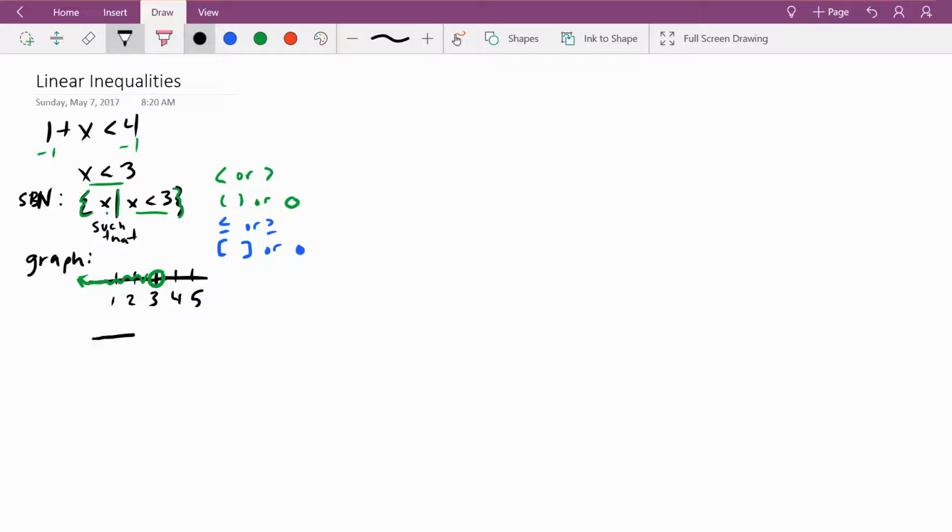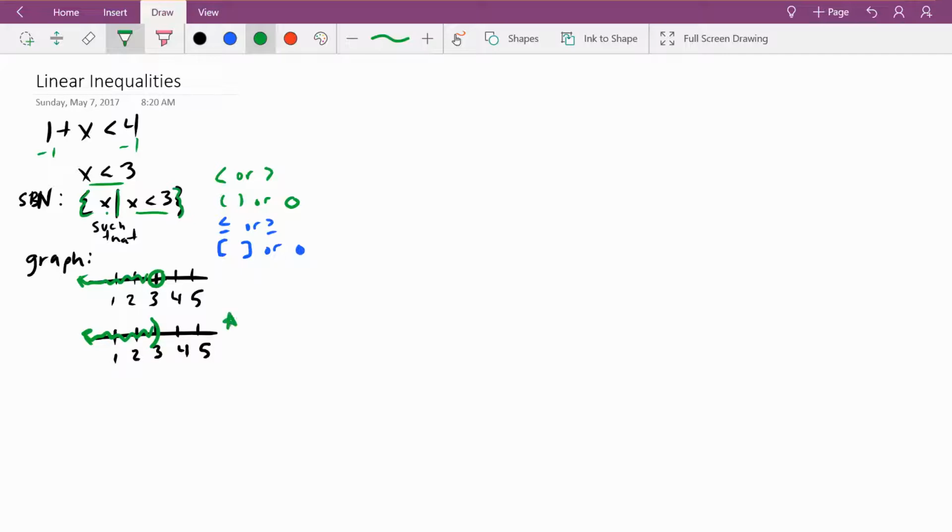Typically, in college algebra and beyond, we get rid of this whole open dot thing, and what we do is parentheses. So what we use is a parenthesis here on 3, and shading is the same as before, shade to the left. Now, why is this preferred?